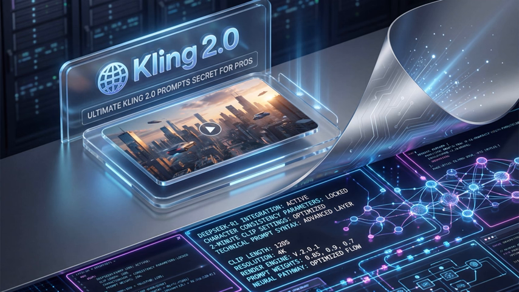Got it. But let's talk competition for a second. How does Kling stack up against other tools like Sora or Runway? Great question. Sora is capable, but its access can be tricky and pricing can be steep. Kling has a large user base and offers native audio in its latest update, which is a big plus. And what about Runway? You mentioned they excel in artistic style?